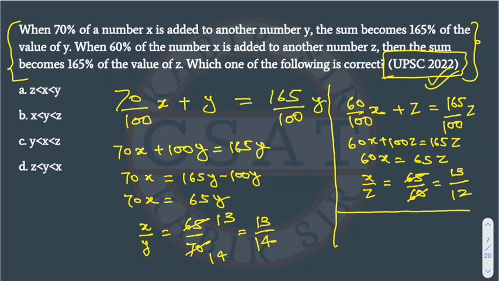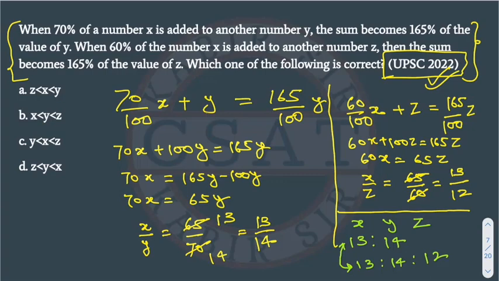Now we know from our learning of ratios, if numbers x, y, z are given. Here x was 13 and y was 14, and here x is 13 and z is 12. Because both numbers x are 13, y will be 14, right?